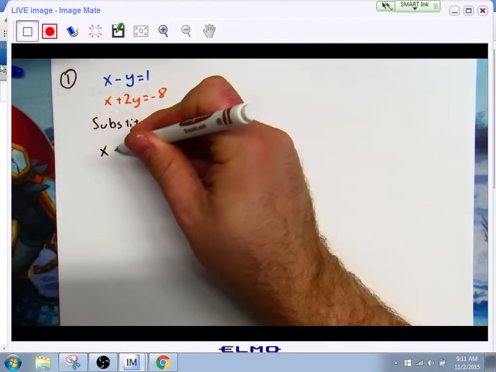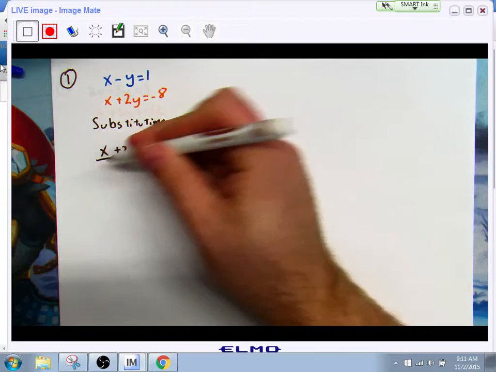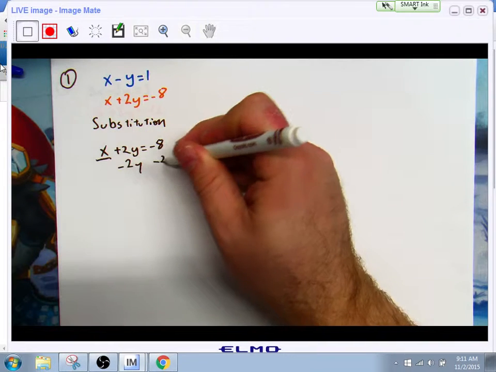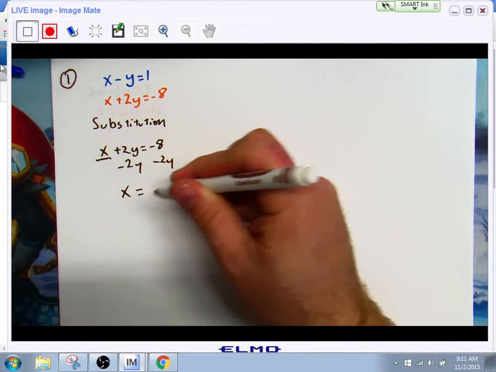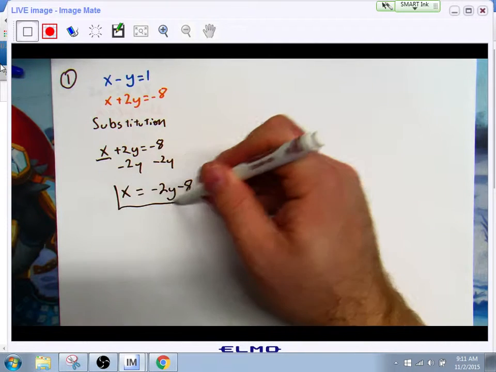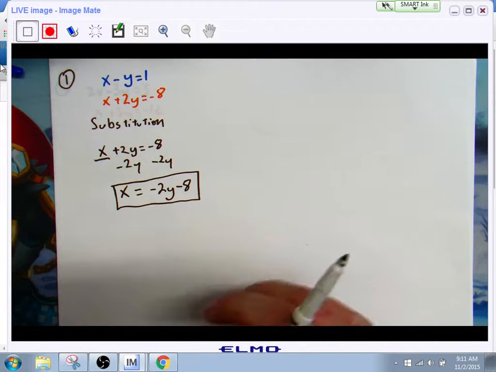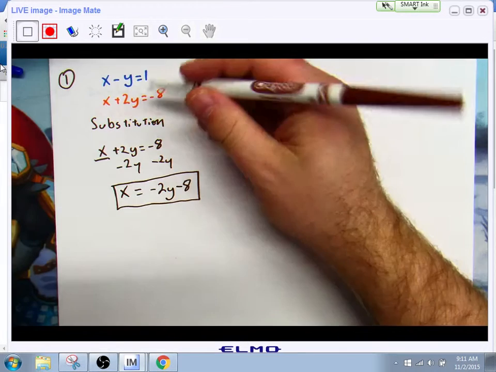I have x plus 2y equals negative 8. I'm going to isolate my x, so I'm going to subtract 2y. I have x equals negative 2y minus 8. Okay? So now I can substitute what my x is into my blue equation. Remember, you can't do it into the same equation we pulled from.